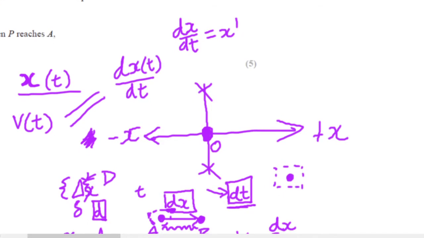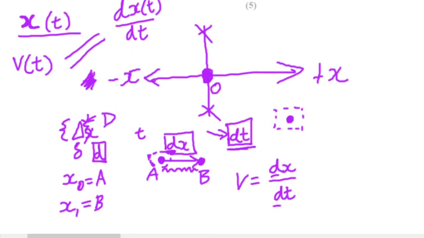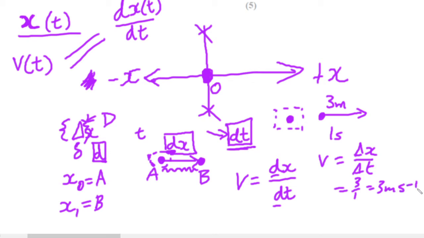So it's a little hard to explain conceptually that velocity is the change in position over time, but if you look at it on a larger scale, such as this particle moves 3 meters in 1 second, then you can see that the velocity is the delta x divided by delta t, which is 3 meters per second, right?